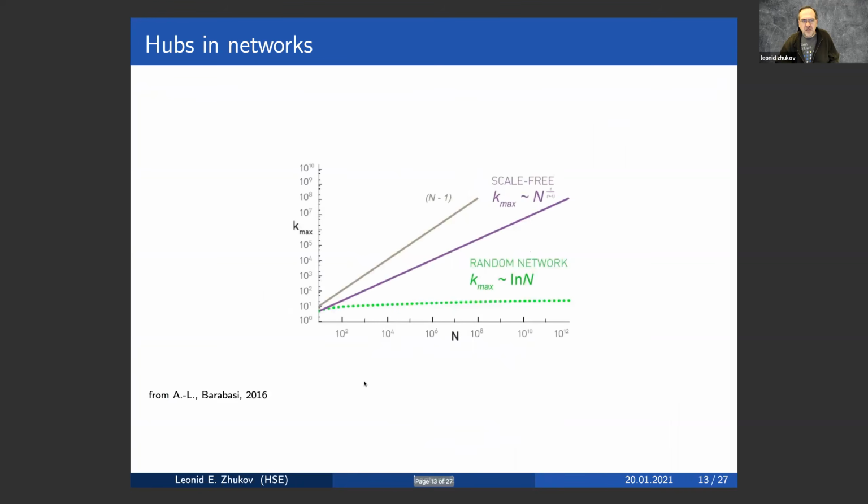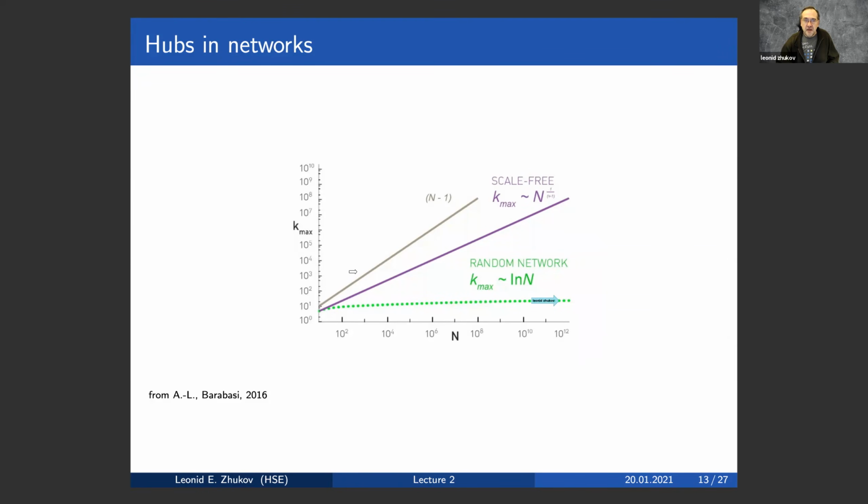If I look closer, for the random network, the size of the network affects the largest node degree, but very slowly. Yes, the largest node degree will increase with the size of the network, but not by much.